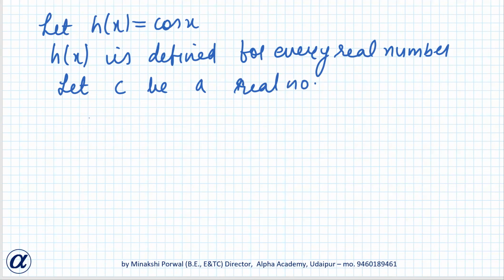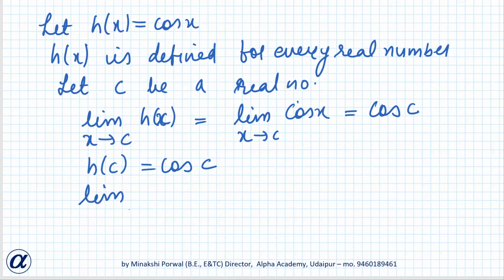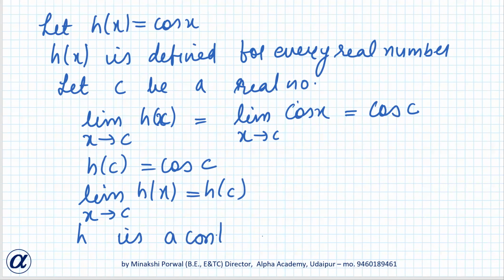So limit x tends to c of h(x) equals limit x tends to c of cos x, which is cos c, and h(c) equals cos c. So limit x tends to c of h(x) equals h(c). So h is a continuous function.